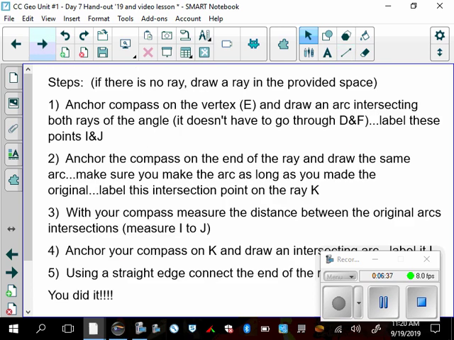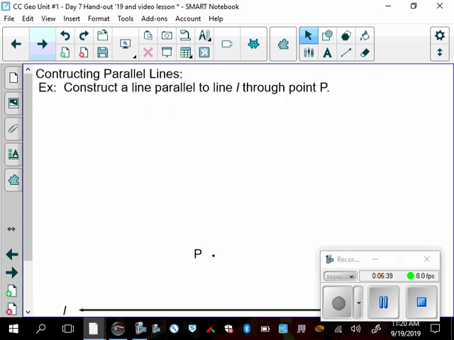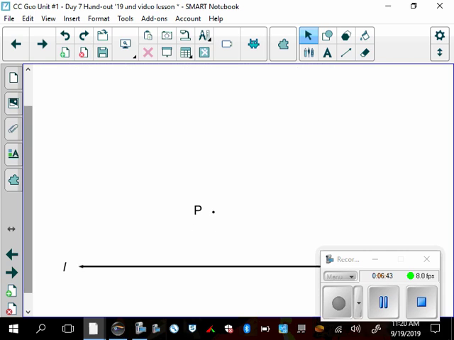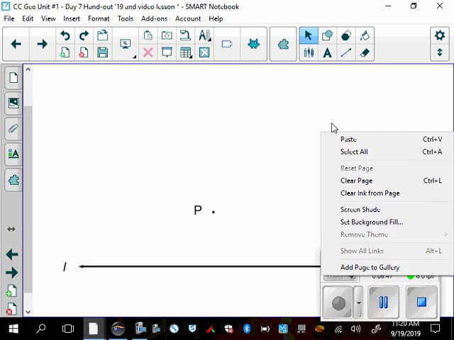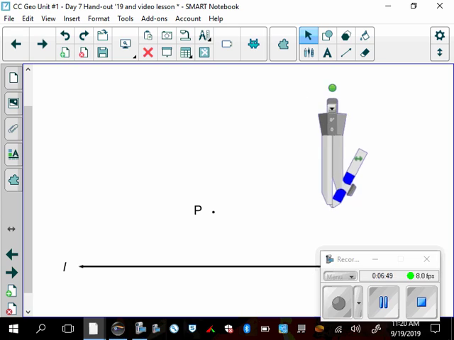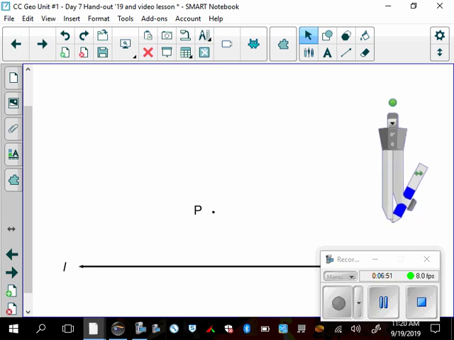The second construction, parallel line through a point, involves the same idea. Okay, so our goal is, like, eventually we have something that looks like that. All right, and right now all that I'm looking at is right there and right there.